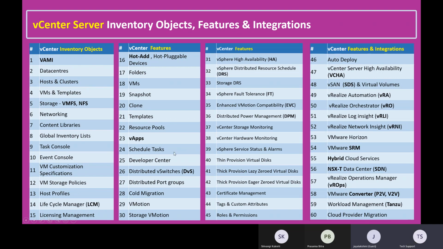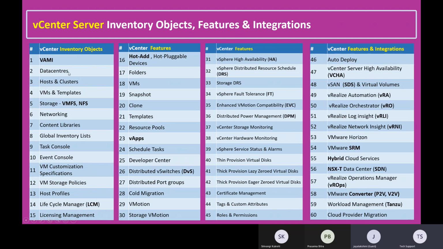For level 2 and level 3 engineers, we should learn at least features 1 to 45. If you want to go for level 4, like a solution architect, we need to learn the remaining features, 46 to 60. I will cover all these features at the end of our vSphere session. What is the importance of the advanced features?